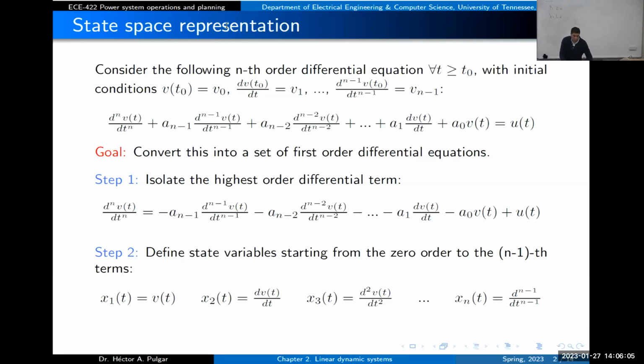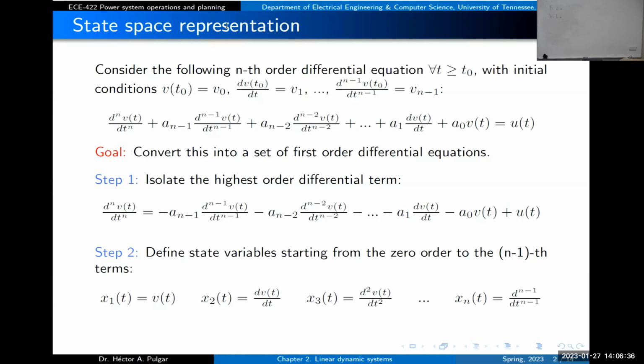Third step, we're going to differentiate each one of these equations. When you differentiate this, what do you get? The derivative of x1 in time is going to be equal to the derivative of b in time. But what is the derivative of b in time? Nothing else than x2. So when we start differentiating, we start finding relationships between the variables.